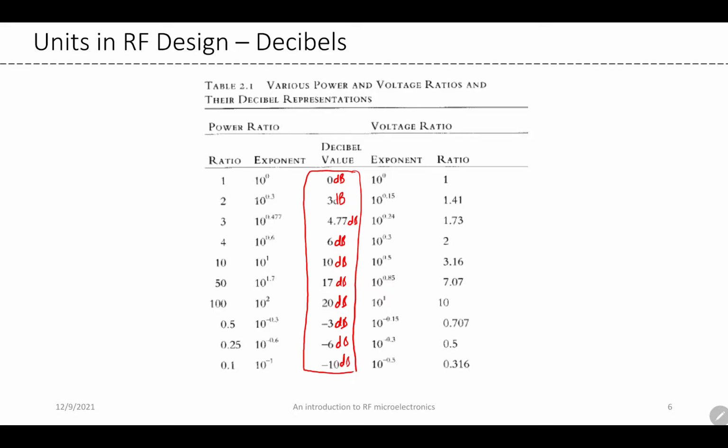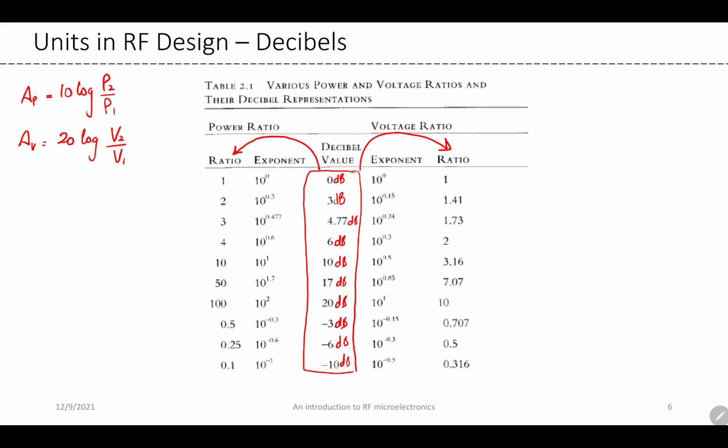For each decibel value there is a corresponding power ratio and a corresponding voltage ratio. As I mentioned, AP is 10 log P2 by P1, and AV is 20 log V2 by V1.